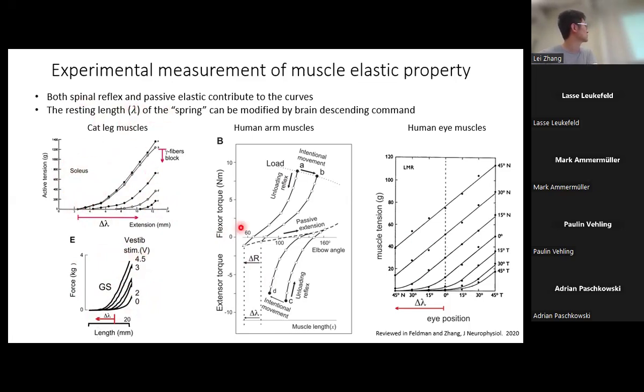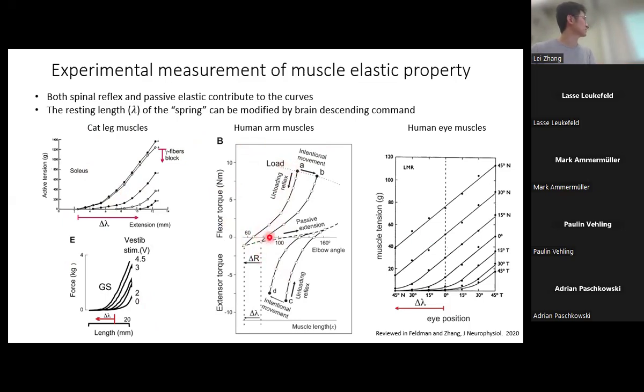Let's use this notation. In humans, we cannot do the same experiments as in the cat, but we can ask human subjects to do a task: you don't do voluntary movement, and when I stretch your muscle, you don't resist, just let it go. So you can still measure human muscles by asking them not to intentionally resist.